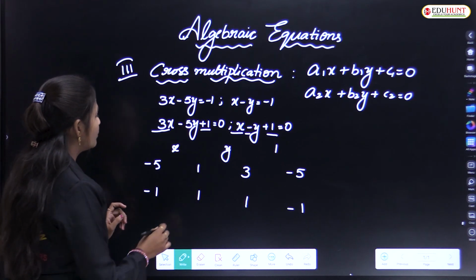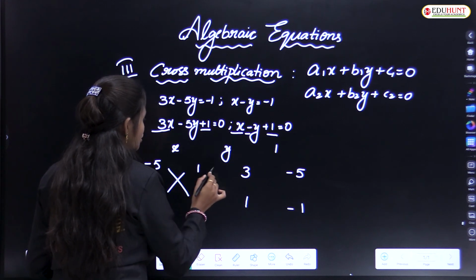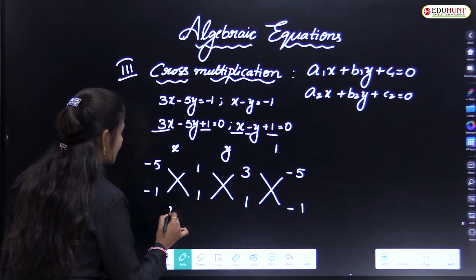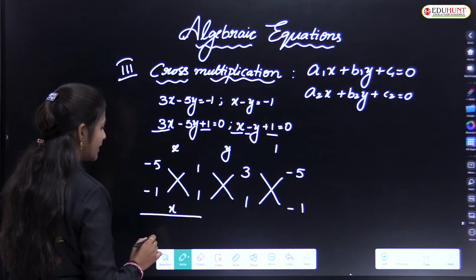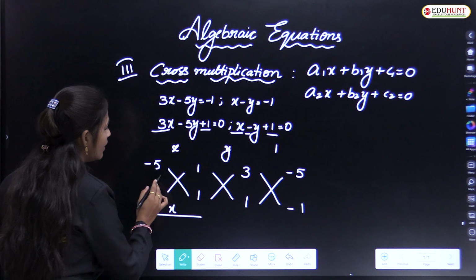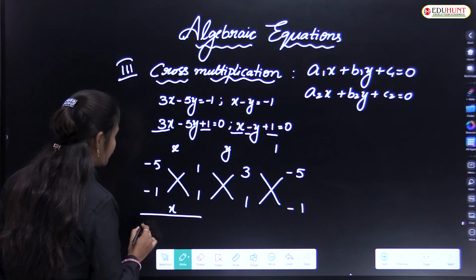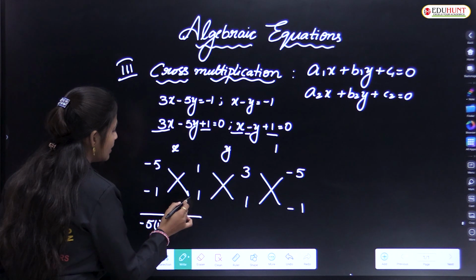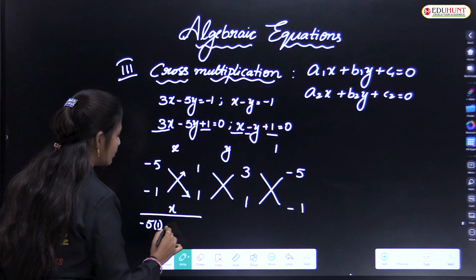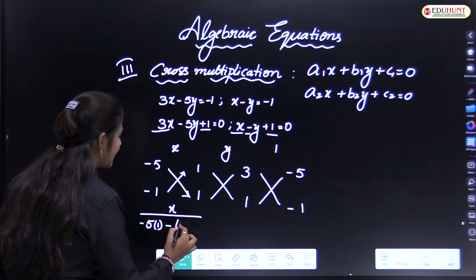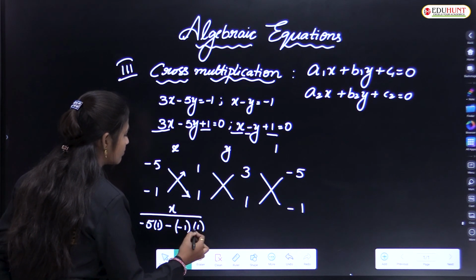Now again take the cross multiplication. First we write for x, so x by minus 5 into 1, minus 5 into 1. Next we have to take in this order, so that's why we keep minus: minus 1 into 1.